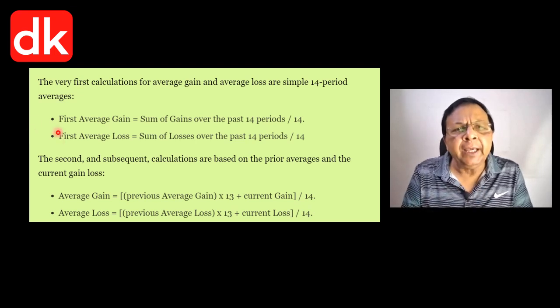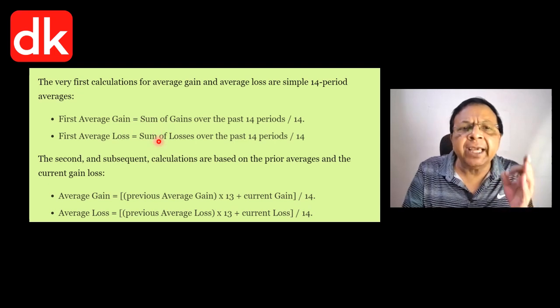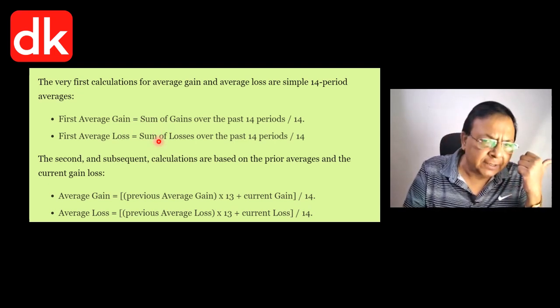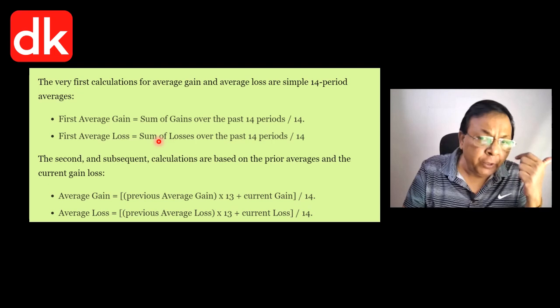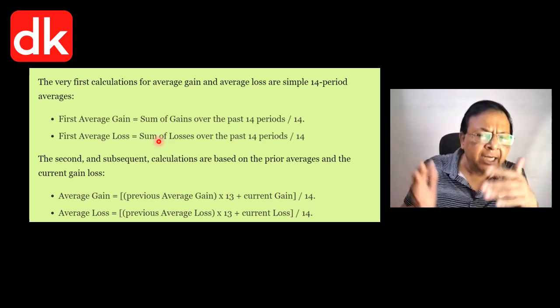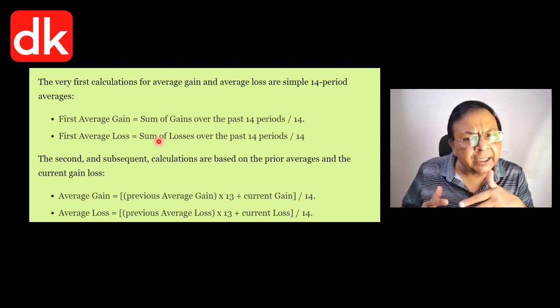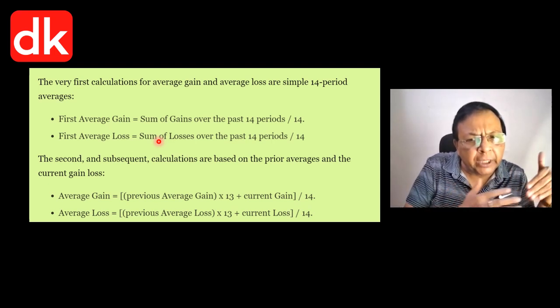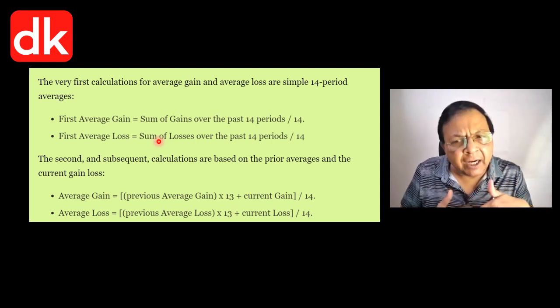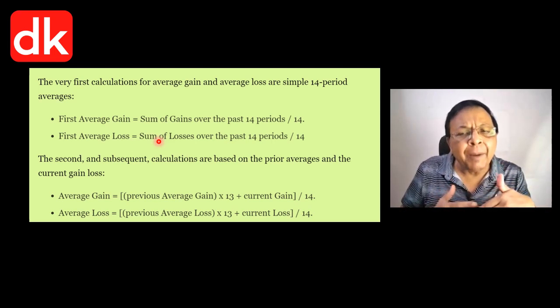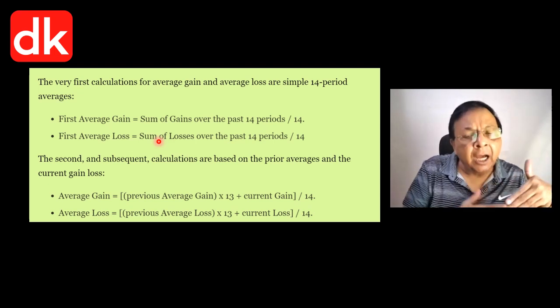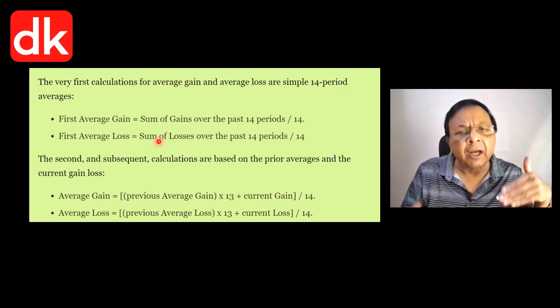However, the first average gain is equal to the sum of the gains of the past 14 periods. If you are looking at a daily chart, it will calculate the past 14 days. If you are looking at the weekly chart, it will calculate the past 14 weeks. And if you are looking at the hourly chart, it will calculate the past 14 candles formed each hour.